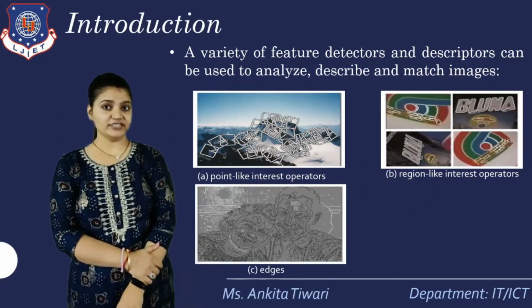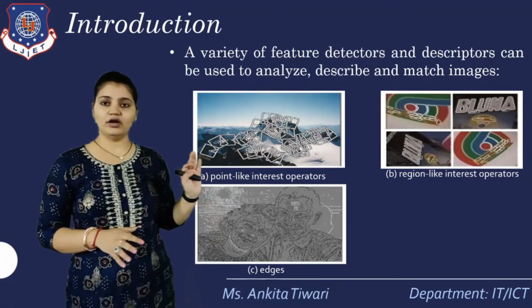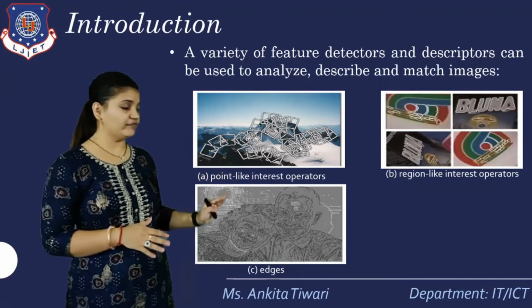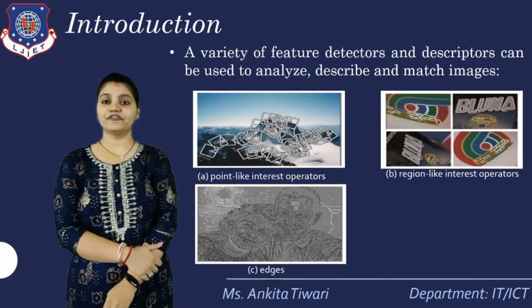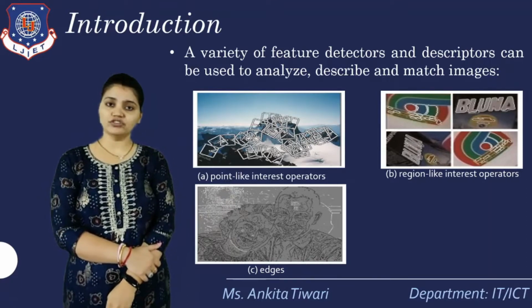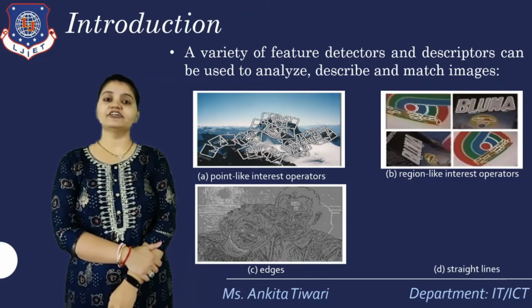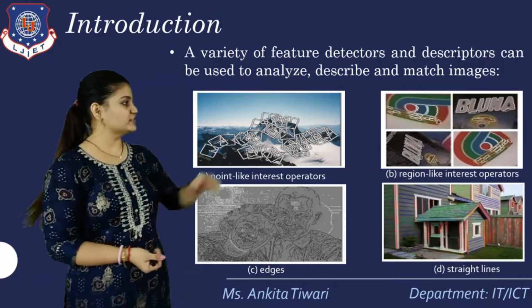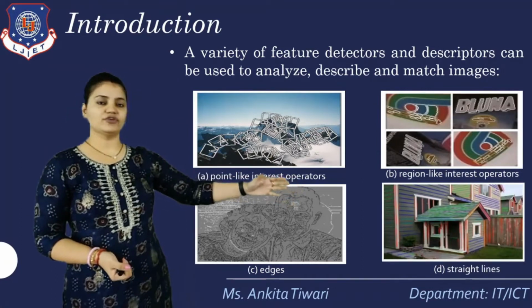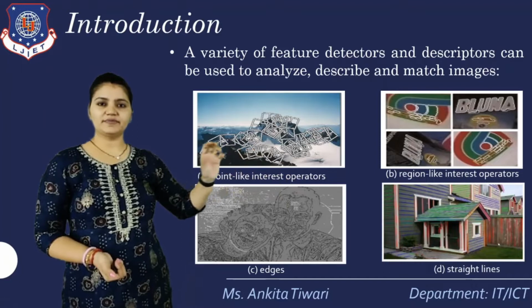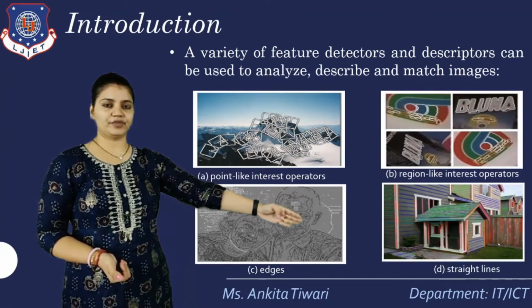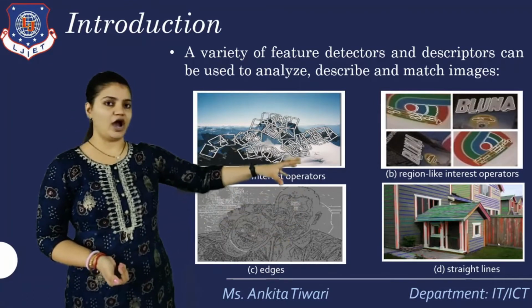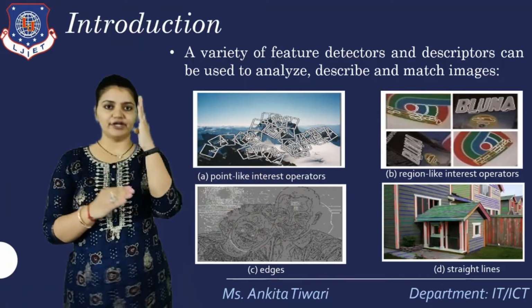Then we have edges. We are not aware of what the image is, but we are aware of the edges that it comprises. So these are the different edges used in an image. Then we have straight lines. As you can see in the figure, many lines are defined; we have a particular wooden lamp and a wooden house which is based on some particular lines.